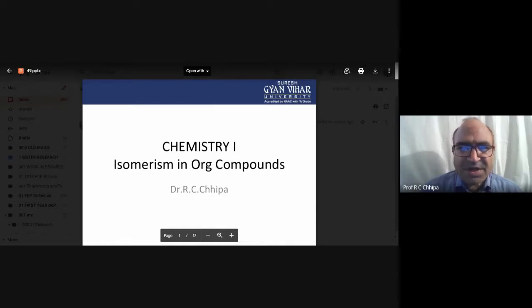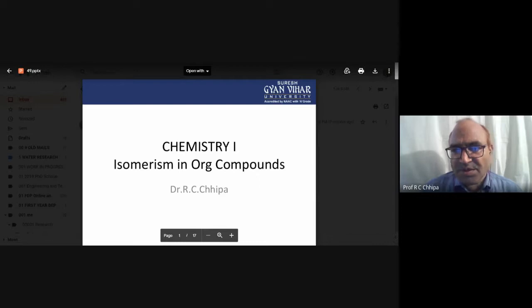About 70 lakh organic compounds exist, and they contain the carbon atom. All of you are well aware of the electronic configuration of carbon, which is 1s2, 2s2, 2p2.